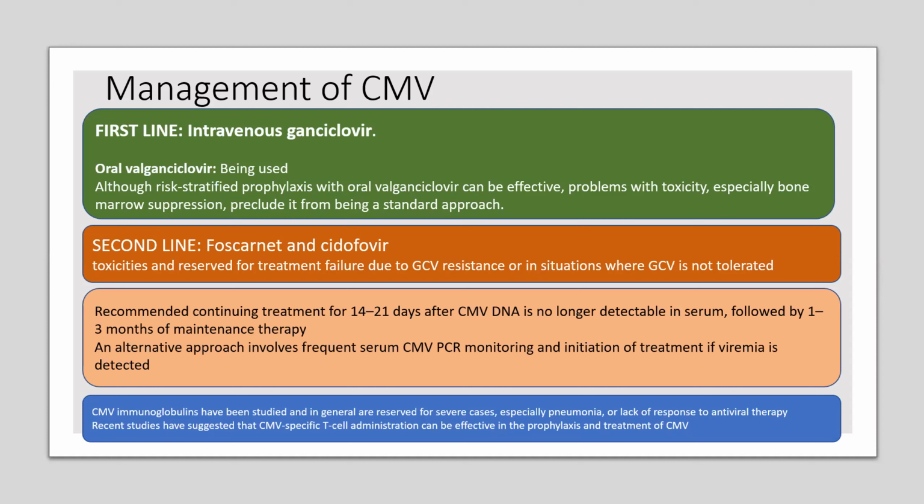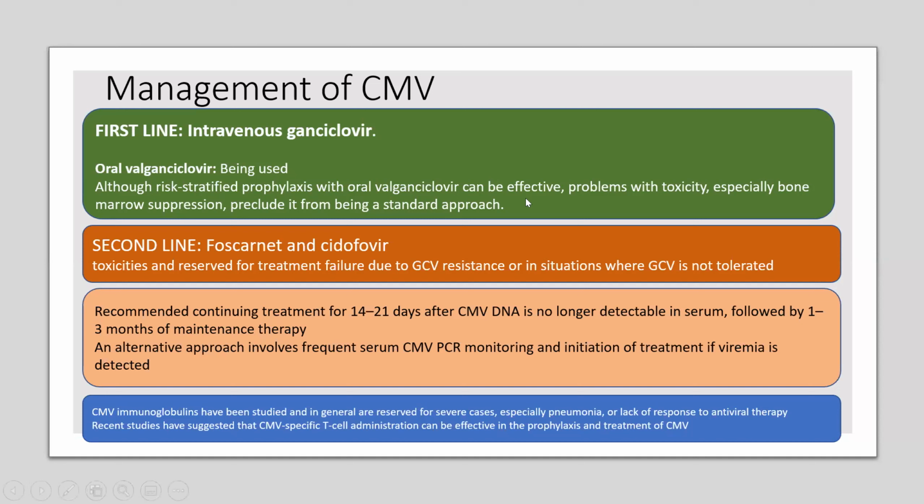Once a patient has CMV reactivation, first line of therapy is intravenous ganciclovir. However, oral valganciclovir is frequently being used now. However, there is an increased risk of toxicity and marrow suppression, and hence it may be a problem being used as a standard approach for patients.